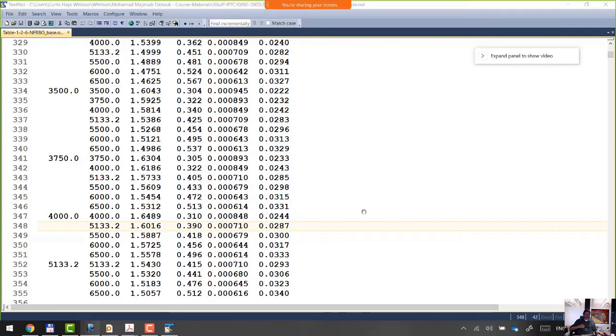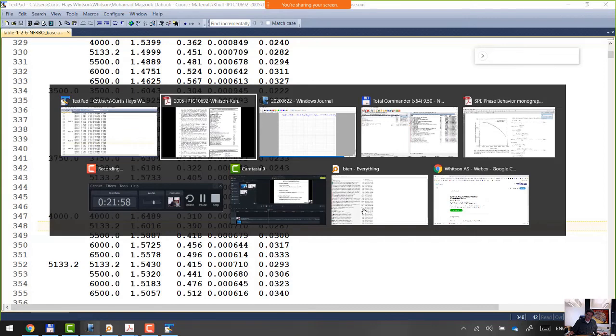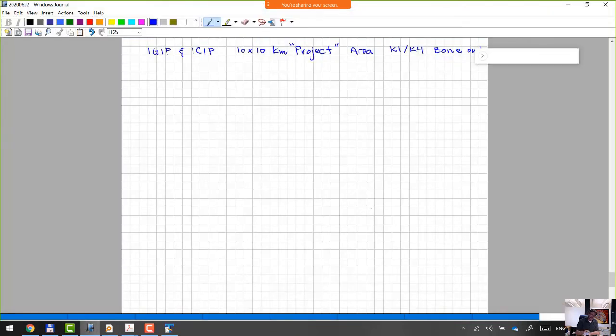Okay. Well, let's first find the BGDI. We need BGDI, and we need little RSI from the Blackwell tables.